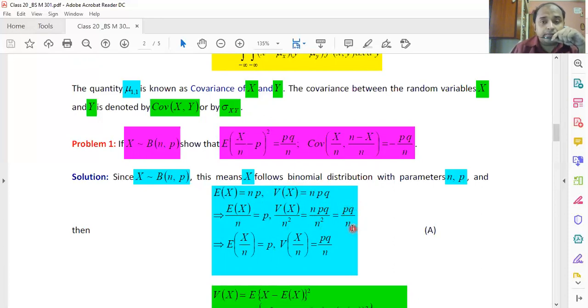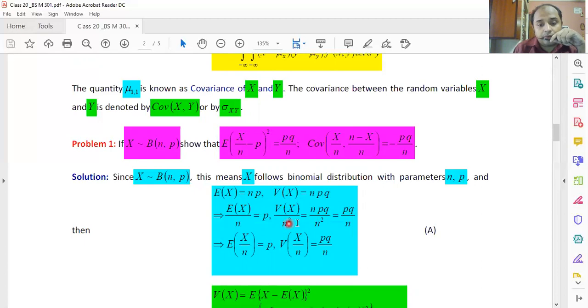If you remember, I discussed that the variance of C times the random variable capital X, variance of CX, becomes C squared variance of X. When we take the constant out of the variance symbol, it gets squared.